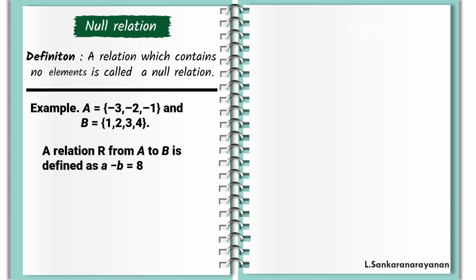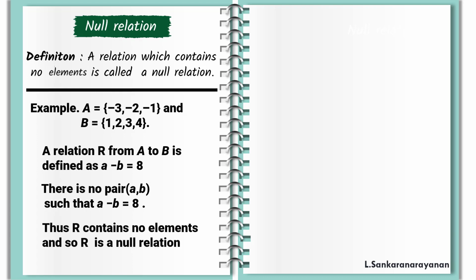A relation R from A to B is defined as a minus b equal to 8. That is, we are going to make some ordered pairs such that a minus b equal to 8. Is it possible? No. There is no pair (a, b) such that a minus b equal to 8. Thus, R contains no elements and so R is a null relation.